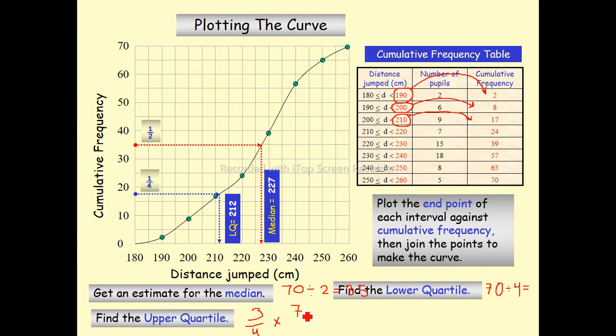Basically, whatever you get for the lower quartile, you multiply that by 3. So that's 3 times 17.5.